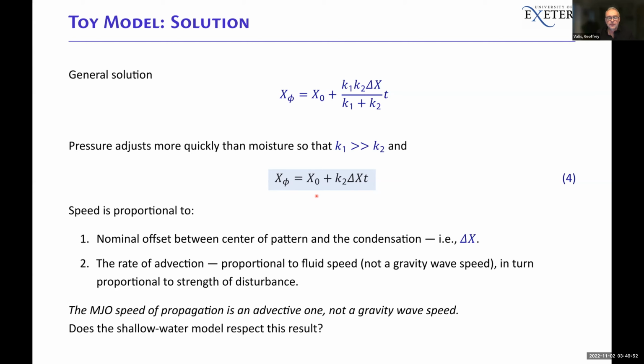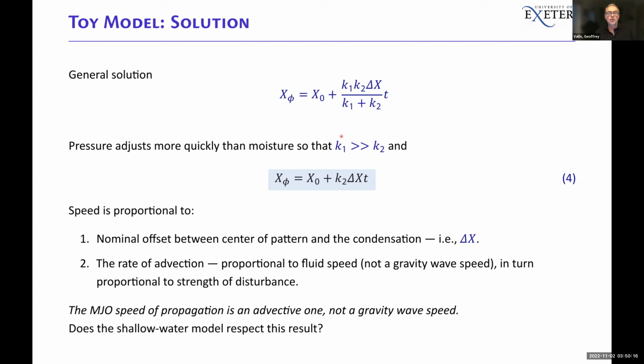And this is finally the distillation, if you will, of the MJO. It tells us what its speed is proportional to. It's proportional to the offset of the center of the pattern and the condensation, because if there's no offset at all, you won't get any movement.